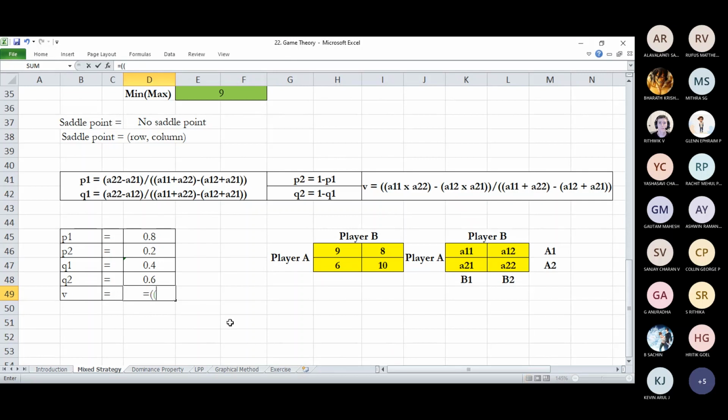comes in the numerator. It is A11 multiplied by A22 minus A12 multiplied by A21, and the denominator is fairly this thing.